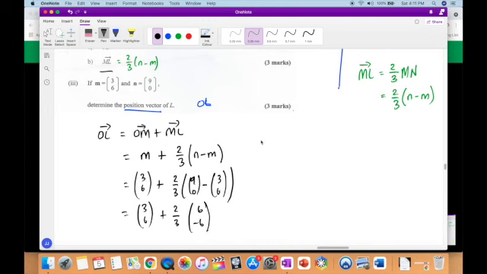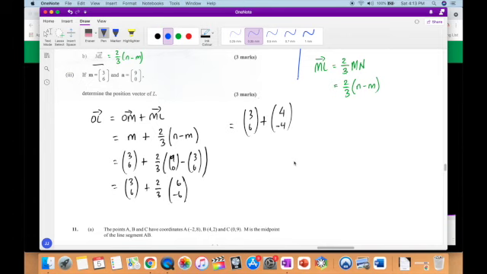So now we have here 3, 6 plus, when you're multiplying a scalar quantity by a vector, you multiply by the x value and the y value separately. So this is 2/3 by 6. Well, that'll cross into that. 2 3s are 6, 2 2s are 4. So the x value there will be 4 and the y value there will be negative 4.